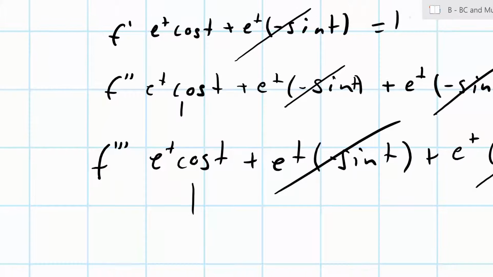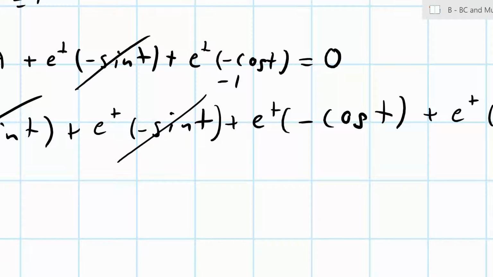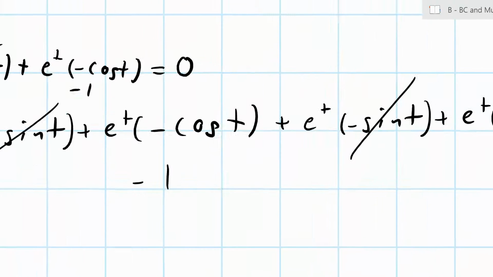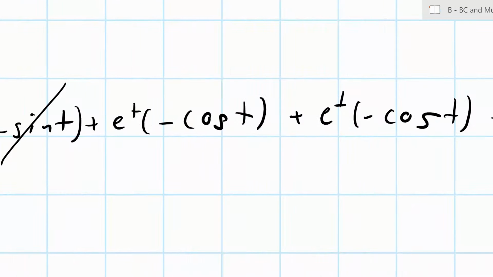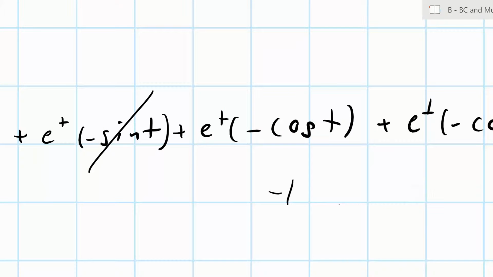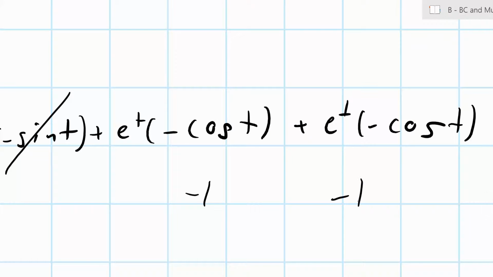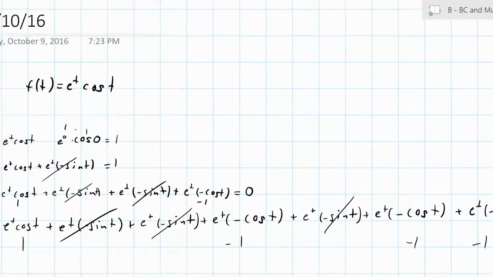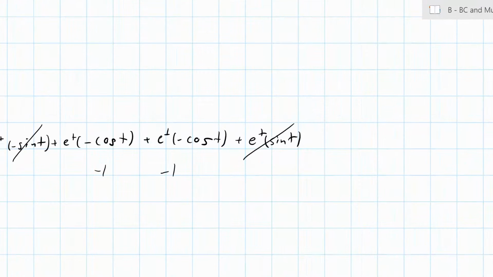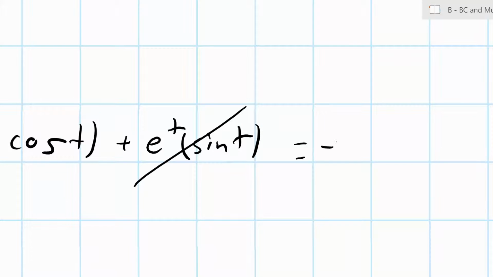And this is 1 minus 1, so it goes back to 0. And this is minus 1 and minus 1, which is equal to negative 2.